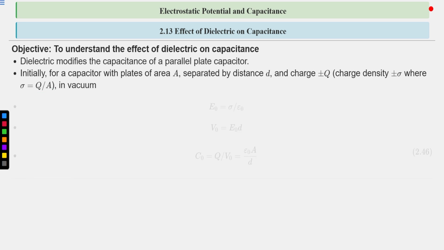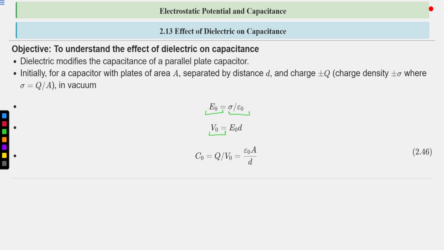So in vacuum, what was the value of electric field between the plates of the capacitor? Sigma by epsilon naught, as we have discussed. Why are we taking E naught and V naught now? This is the electric field or potential when there is a vacuum between the plates. Later we will also see when there is dielectric material inserted between the plates.